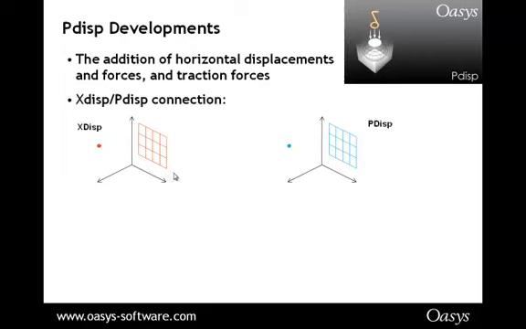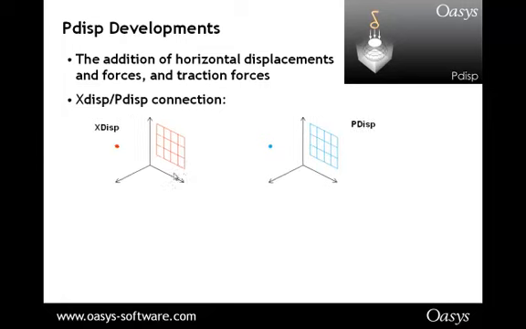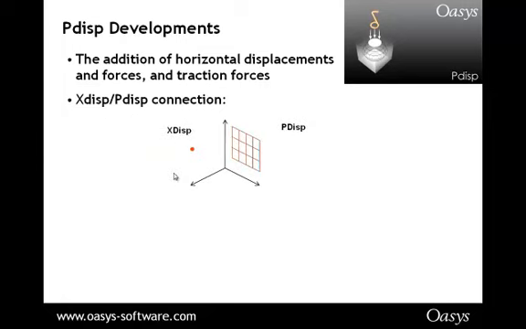Well, in short, yes you can, because XDisp and Pdisp have the same input format for their displacement points, lines and grids. So all you do is put the same displacement line or point or grid into your XDisp model. You run your analysis as you would with a normal model, and you can export that data, and it's now possible to import that data as a transferable file into Pdisp.